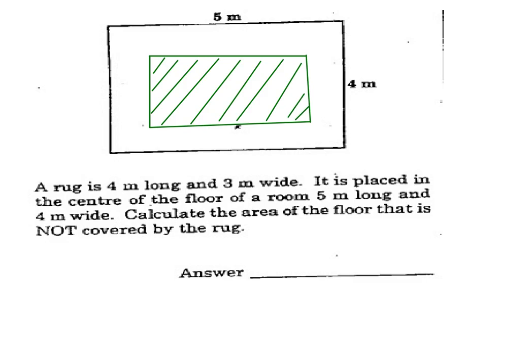Now, they told us that the rug is 4 meters long, right? 4 meters long and 3 meters wide. Now, we could look at this from a complicated stance, or we could look at it from a very simple stance, right?